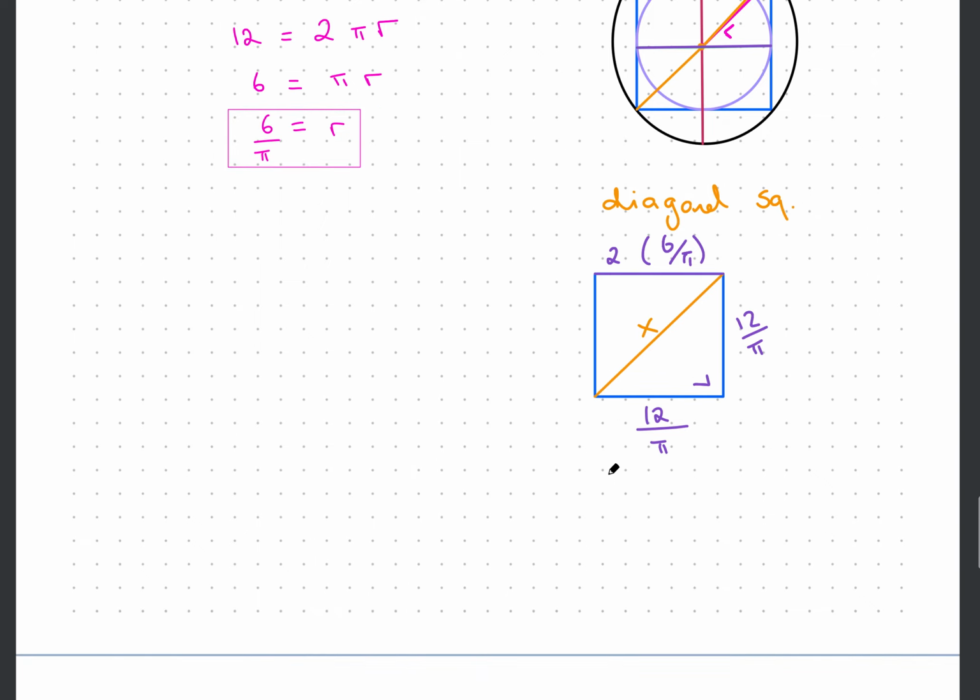So, Pythagoras' theorem, the hypotenuse squared is equal to the sum of the other two sides squared. So I'm going to have 12 over pi squared plus 12 over pi squared. So I'm going to get 2 by 12 over pi squared, is equal to x squared.